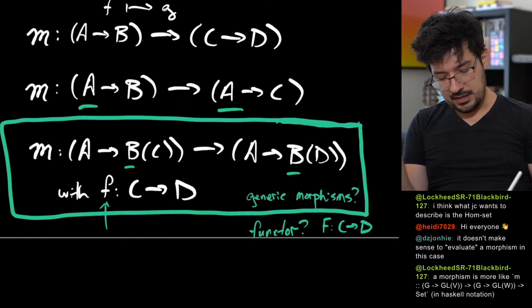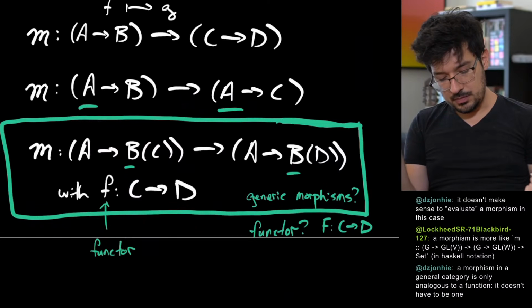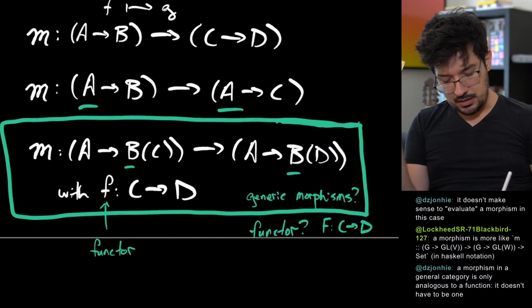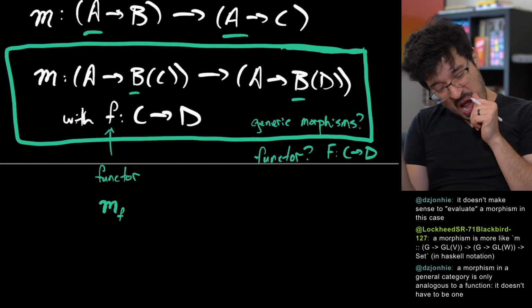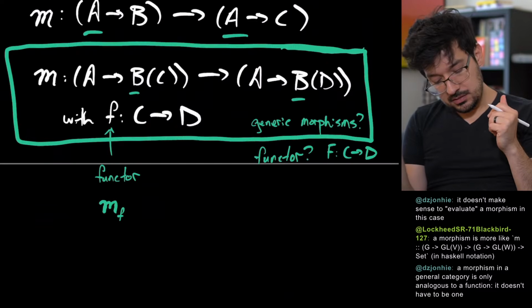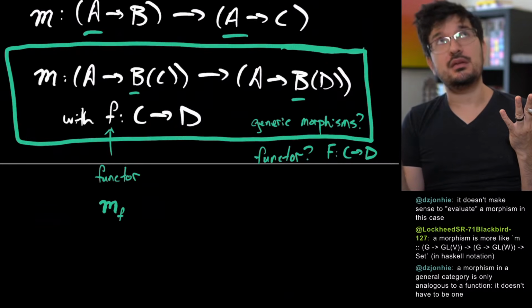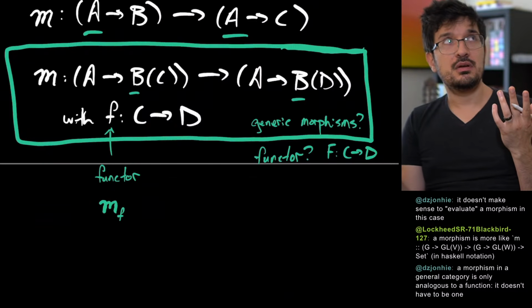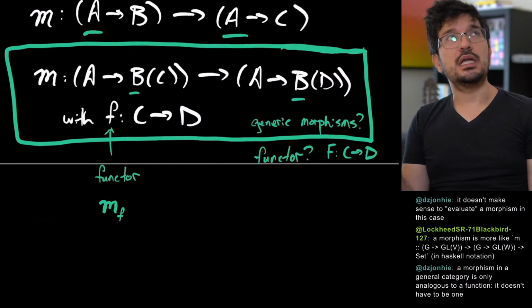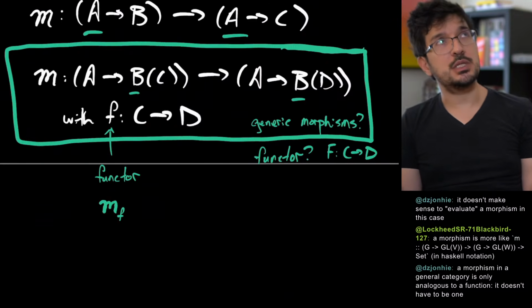I think that this thing is the functor, and a morphism depends on a functor. And I'm guessing that the functor doesn't have to be unique. If you have one linear transformation between the two vector spaces, that doesn't have to be the only one that's possible, I think.